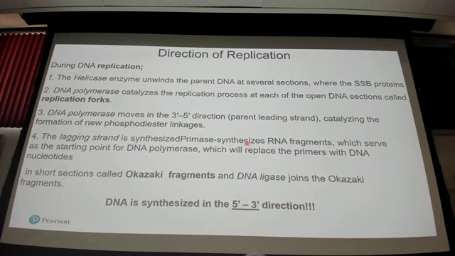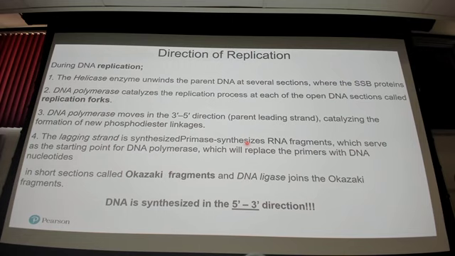This fork is where the DNA polymerase will synthesize the new DNA strand. And so we're talking about the leading strand, which is the top strand of the picture schematic of the DNA replication.